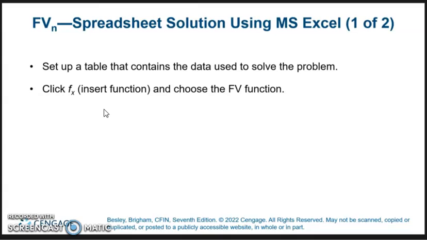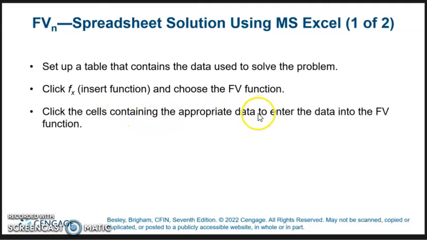Payment is PMT, same thing. You click on the cells containing the appropriate data. When you type in equal PV and open paren, the function will tell you what goes where, so Excel is very helpful in that way.